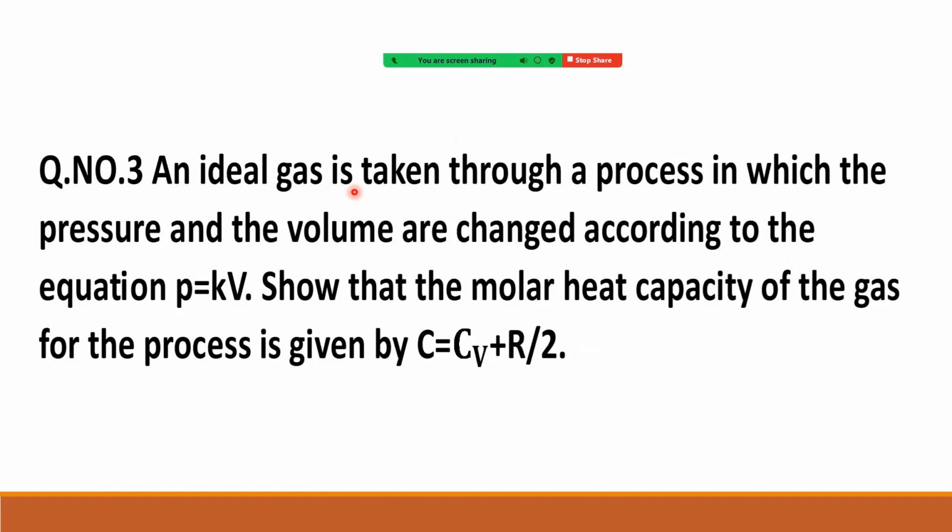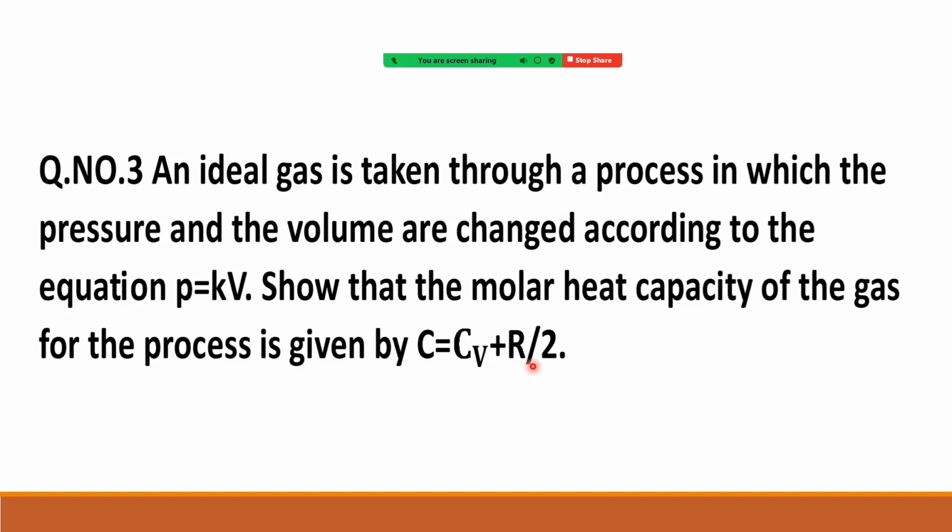An ideal gas is taken through a process in which the pressure and the volume are changed according to the equation P equal to K into V. So here K is a constant. Show that the molar heat capacity of the gas for the process is given by C equal to Cv plus R by 2.